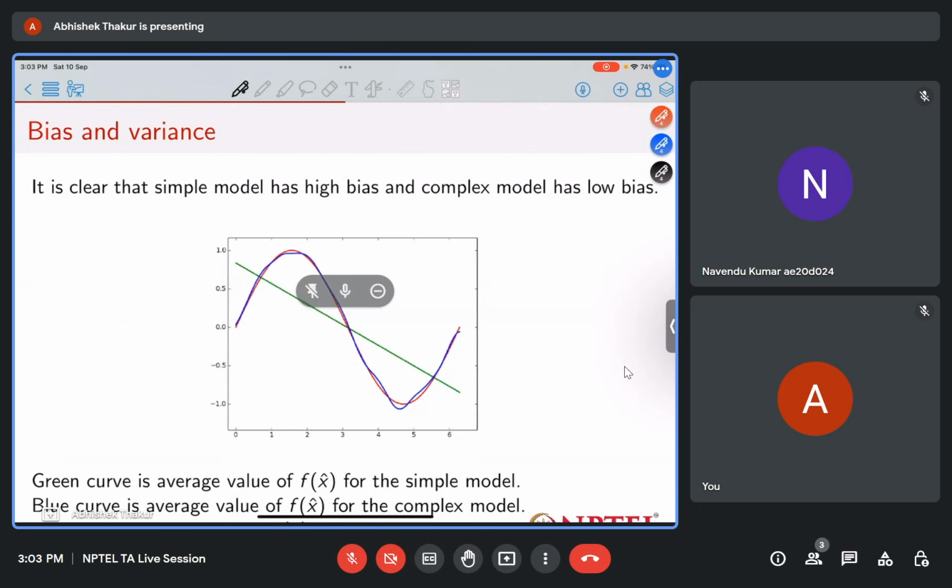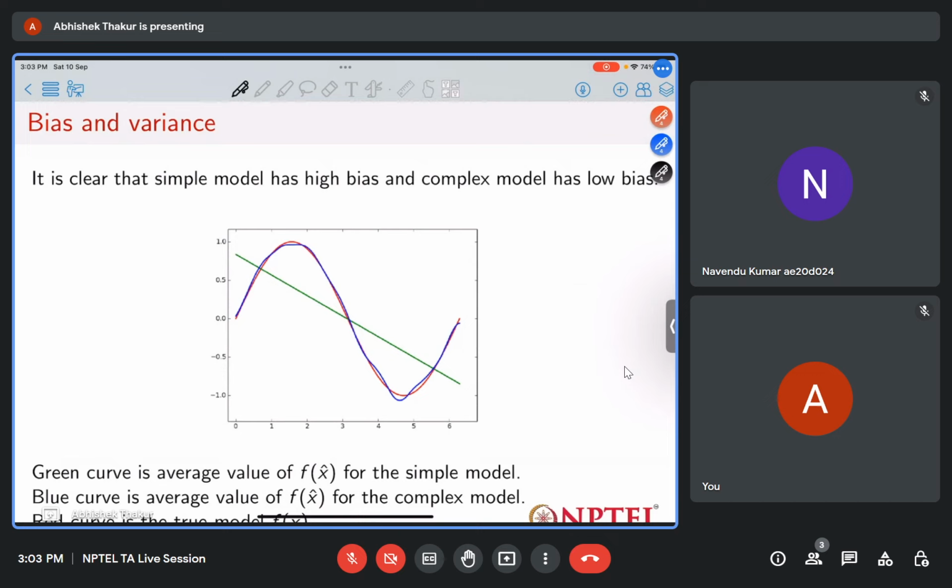Here, let's suppose there are around 10 points in our data set like this.